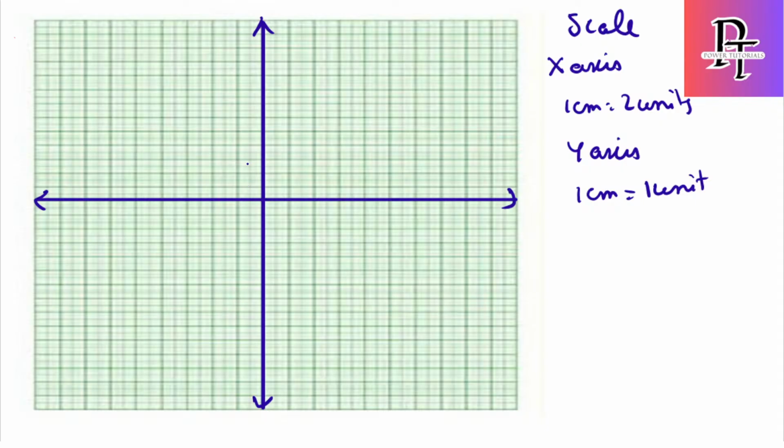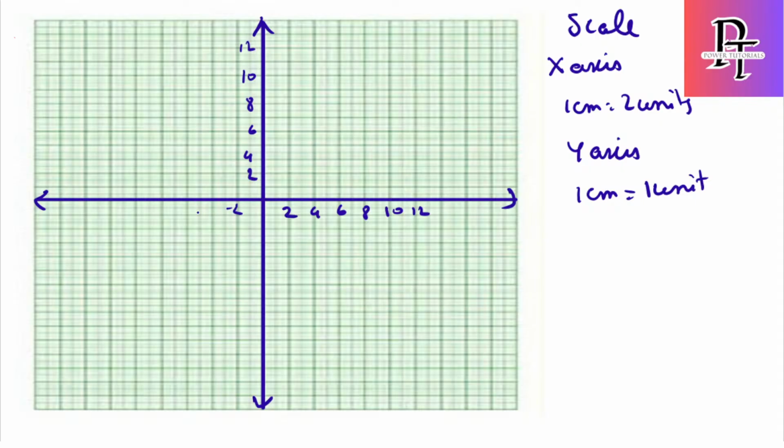Okay, so now what will happen, this becomes 2, 4, 6, 8, 10, 12, and here 2, 4, 6, 8, 10, 12, same as the left side.